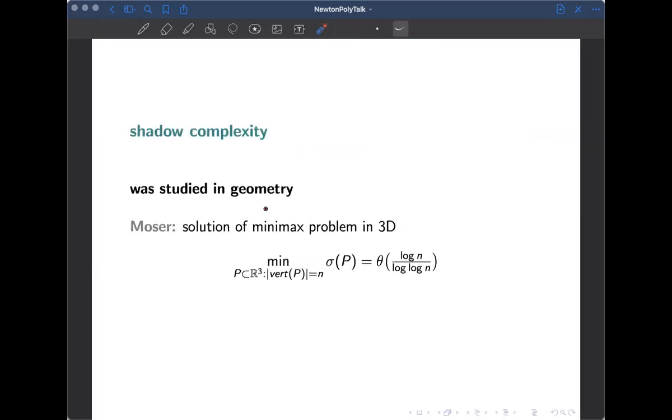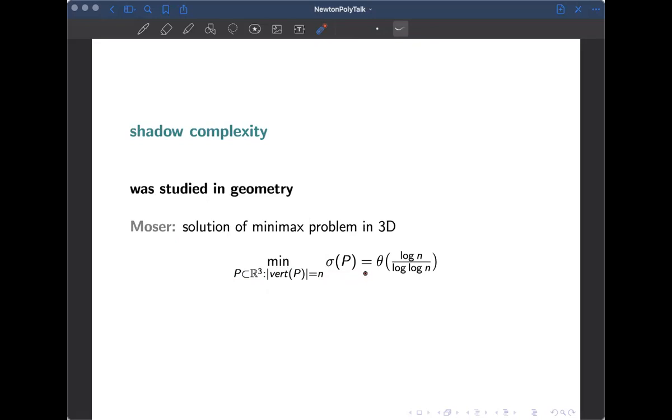Specifically, before we introduced it, it was studied in geometry. And a specific example of such a study is this theorem of Moser, who studied polytopes in three-dimensional space with n vertices, and asked what is the minimum shadow complexity of such a polytope.